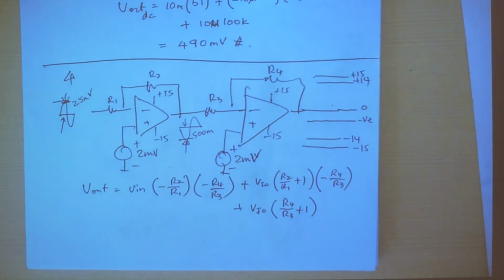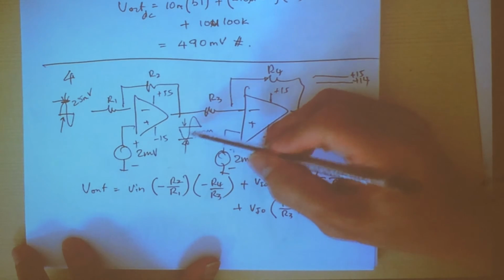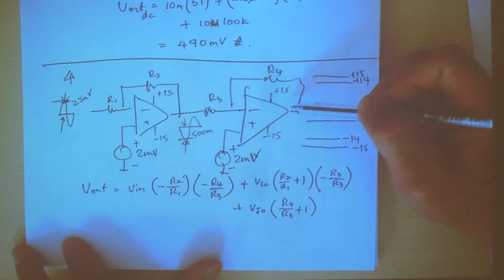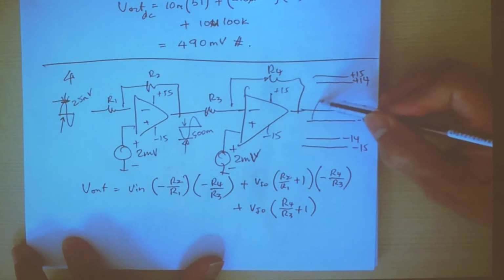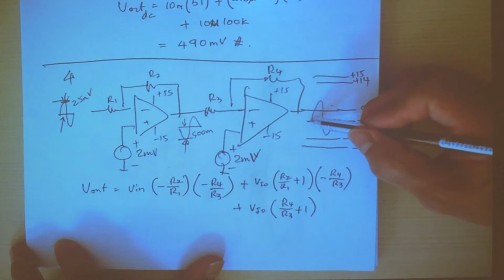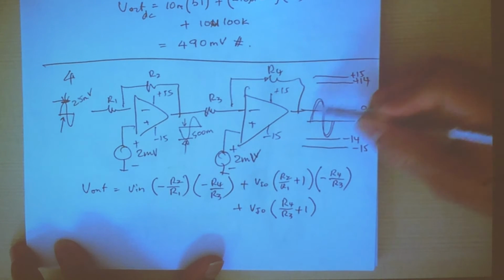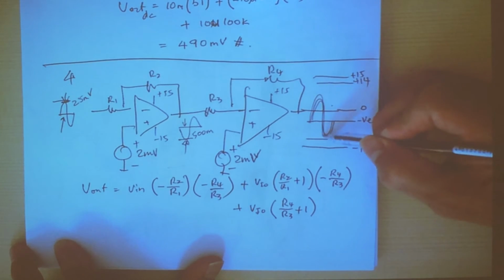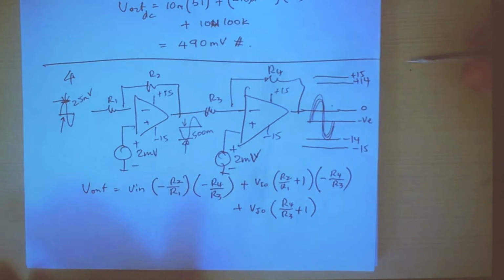So now, our AC that is inverted goes through another inversion and comes out non-inverted with this AC riding on it. As I increase the signal strength, this is going to increase until I hit negative 14.